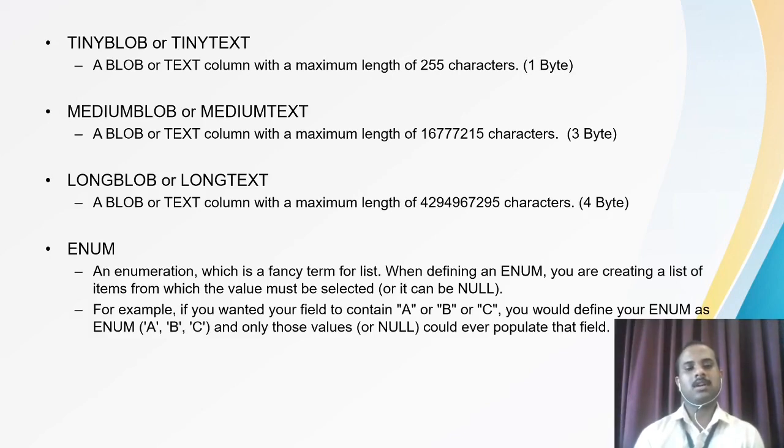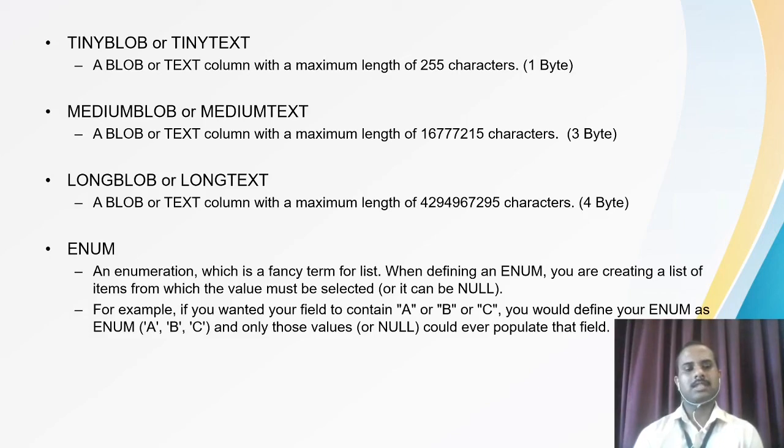So you need not calculate the range or the numbers there, just remember how many bytes it is consuming, and then you can know that 1 byte is equal to 8 bits, so you can make the calculation based on that one.